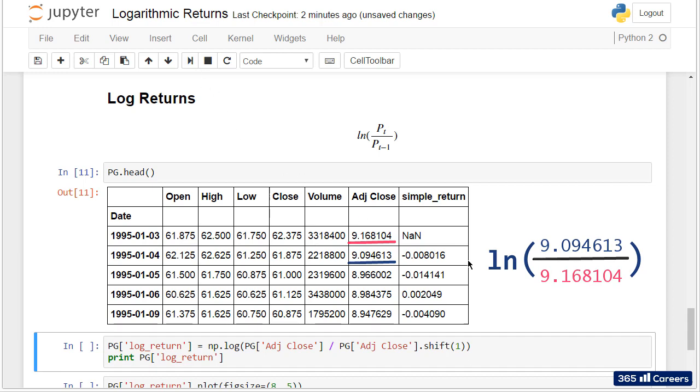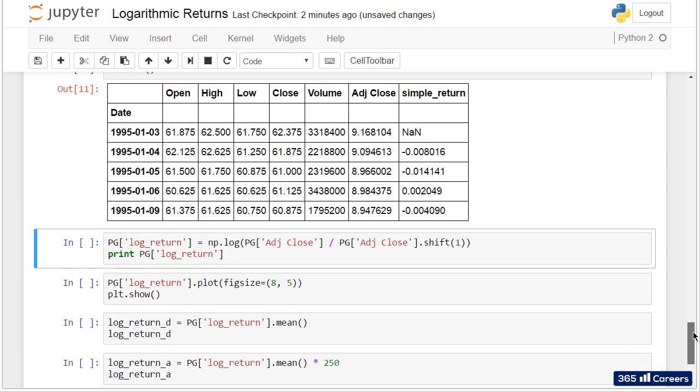We will need a new column, which will be called log return. The expression we will assign to it will be the following. Call the log function from the NumPy package, and in the parentheses, type the formula for calculating the logarithmic rate of return. That would mean taking the adjusted close of a given observation for a certain trading day and dividing it by the adjusted close of the day before.